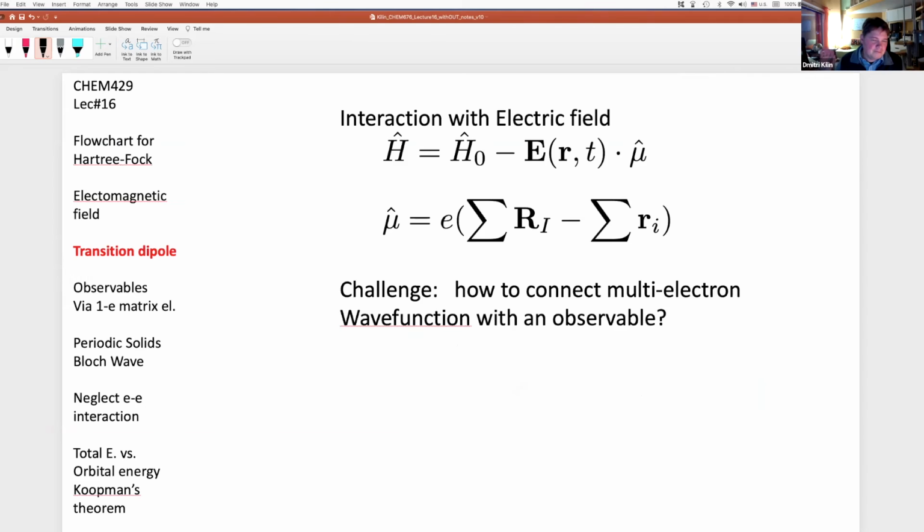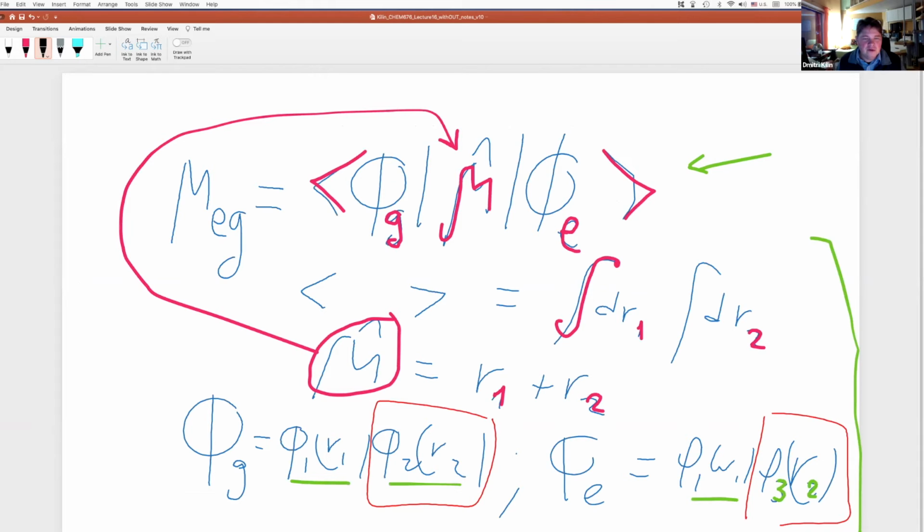Okay. And here is our operator. So I'm going to practice this matrix element according to the following protocol.